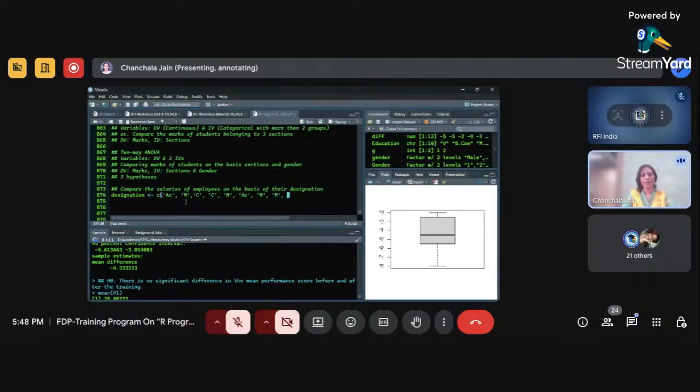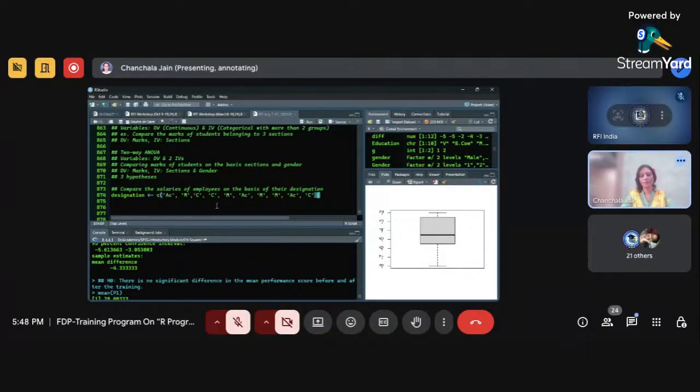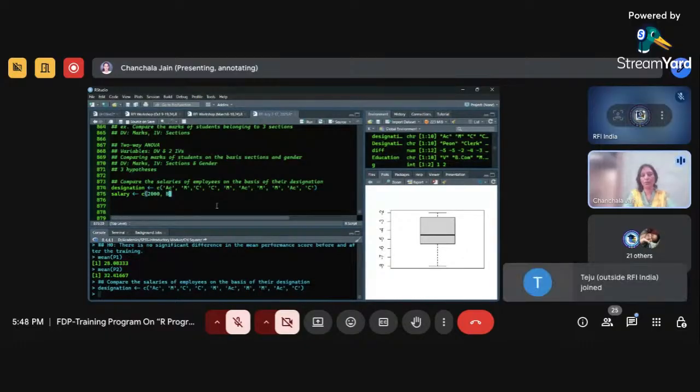I am making this vector, so please wait. I'll post this in the chat. Fine, everyone? Yes, ma'am. I'm taking arbitrary, small figures right now, so please don't mind. Obviously these will not be the real salaries, or maybe these would be the salaries in older times.